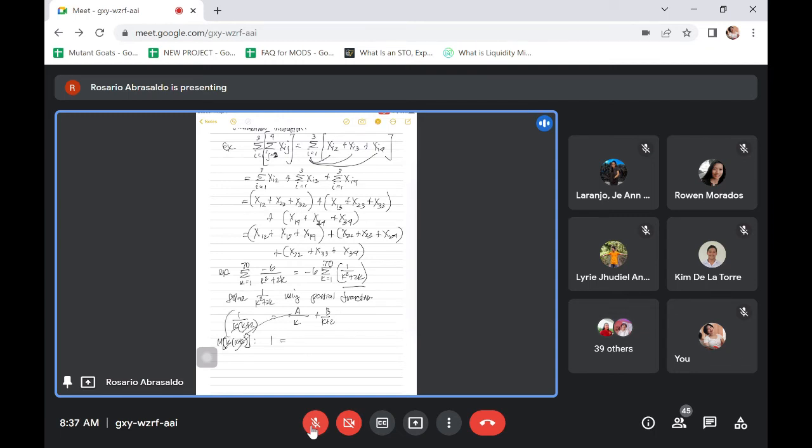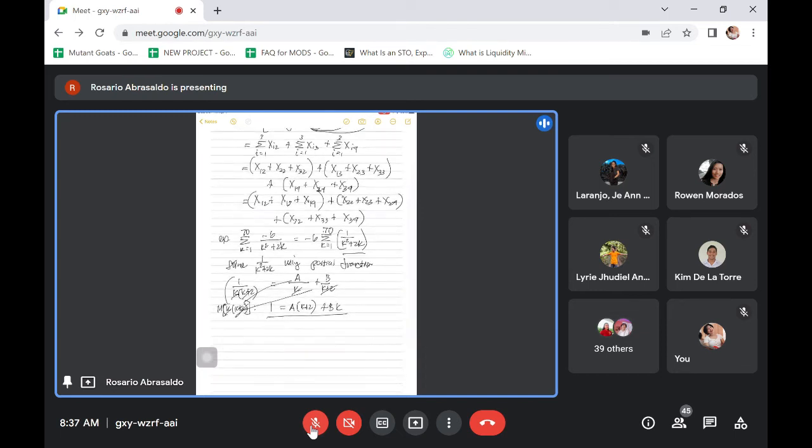We distribute, and k cancels. So what remains is a times k plus 2. Then k plus 2 cancels, and what remains is b times k, no? So, in order to eliminate fractions, we need to find the value of a and b here.